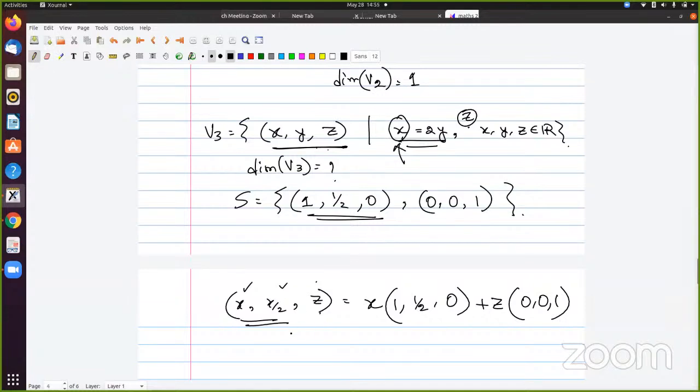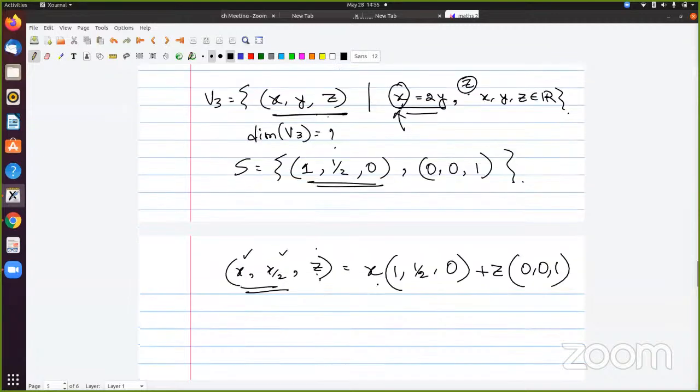I don't know how many vectors will be there, but we know that there are two free variables, X and Z, right? Using one vector, I can span the first two parts because only X is needed there. And for the third coordinate, we need the second vector to span this one, right?